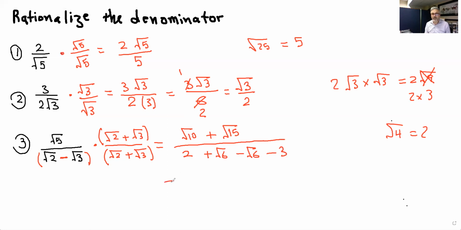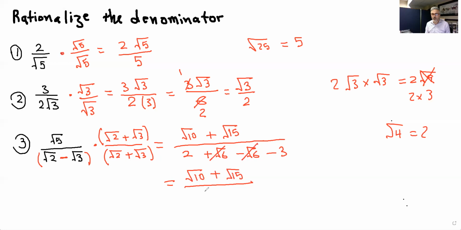And therefore, the root 10 plus root 15 is going to stay the same. You cannot simplify this any further. You cannot add these because they're not like terms. And you cannot change this to a mixed radical because there is no perfect square that goes into 15 or 10. The bottom, plus root 6 and minus root 6 is going to cancel.